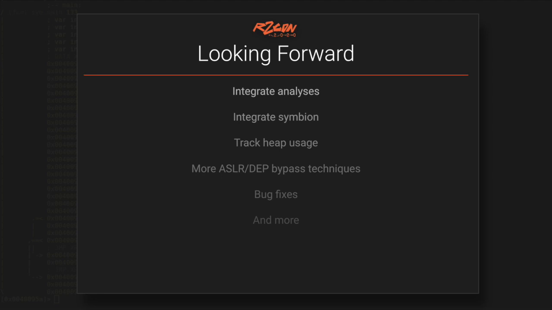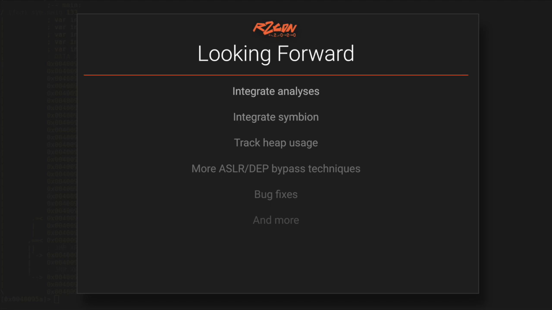I could also start tracking heap usage. Unfortunately, angr's heap does not function like any sane memory allocator, which may limit the kinds of analyses that can be reliably built on it. But in principle, it could be used to detect use after free, double free, etc. There are also more ASLR and DEP bypasses to explore.